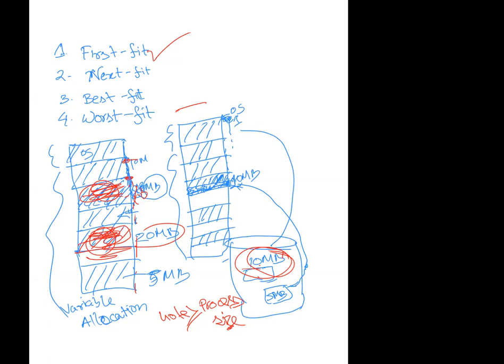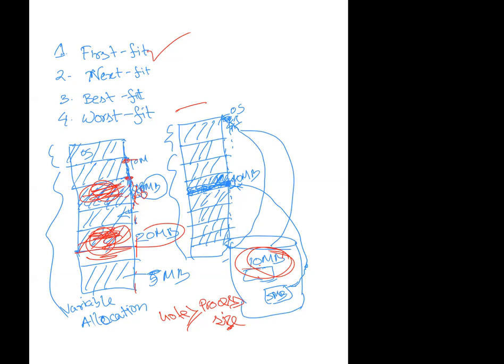So it finds 10 MB in one consecutive address. If it doesn't find it here, say this is not 5 MB and this is also not 5 MB, it's already the backend, so it searches from the spot where it left last time, and then again it searches from the beginning of your memory. This is how next fit works. So in the worst case, it may also need to travel the entire address space in your memory.